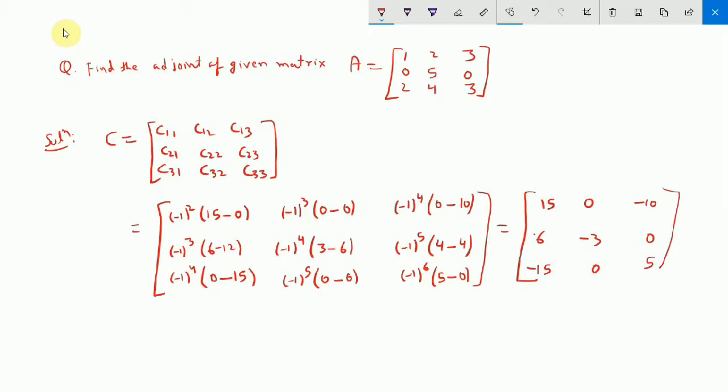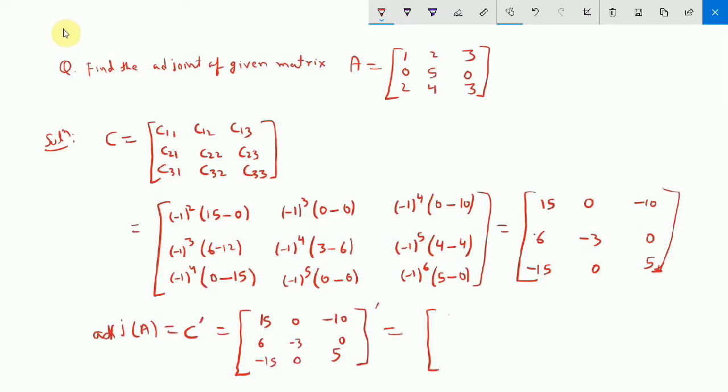Okay friends. So this is our cofactor matrix, and the adjoint of A will be given by the cofactor transpose. It is equal to [15, 0, minus 10; 6, minus 3, 0; minus 15, 0, 5], and the transpose of this we have to calculate.